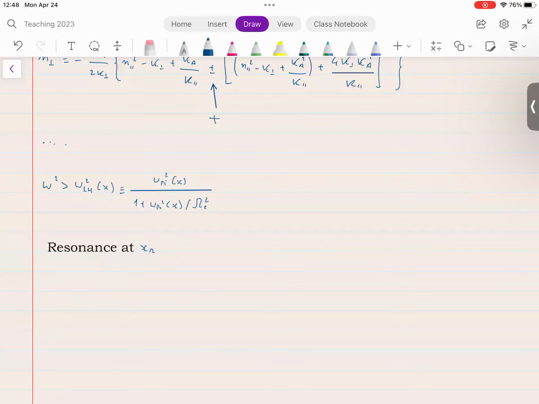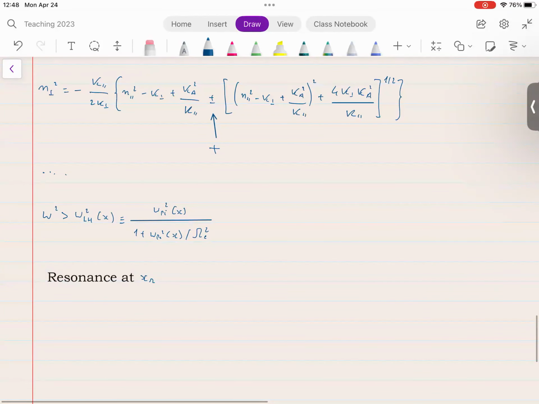Okay, so square root term, we need n parallel square to be larger than k perp.